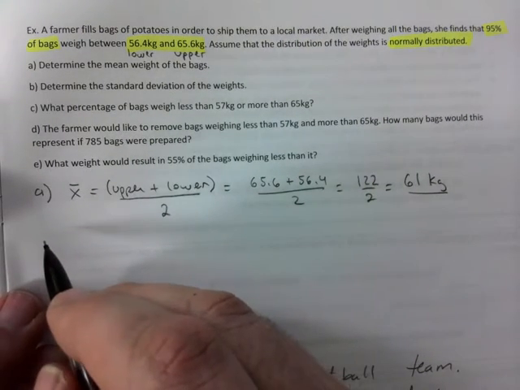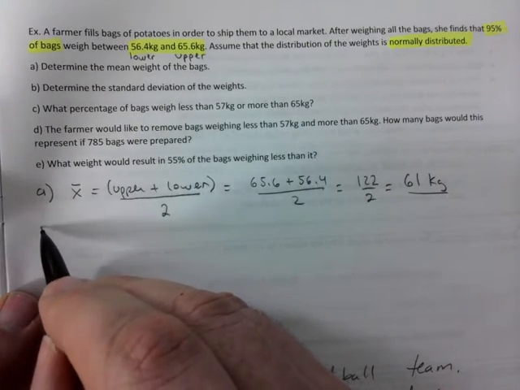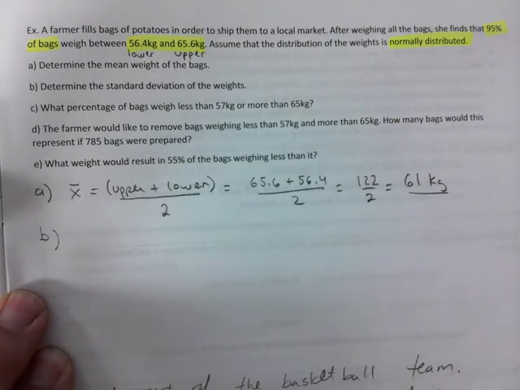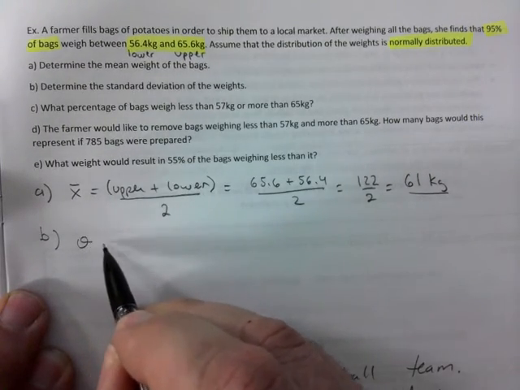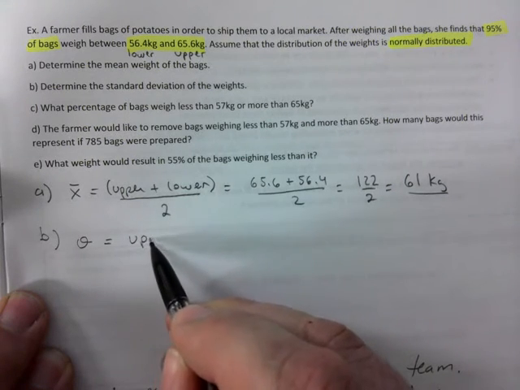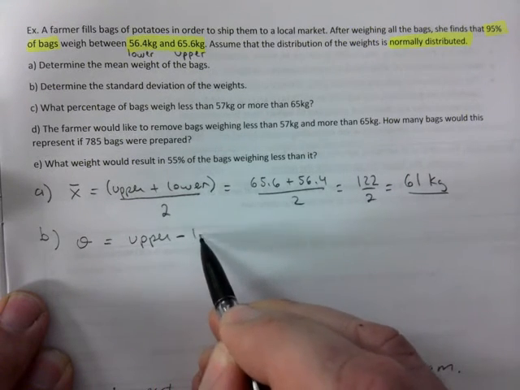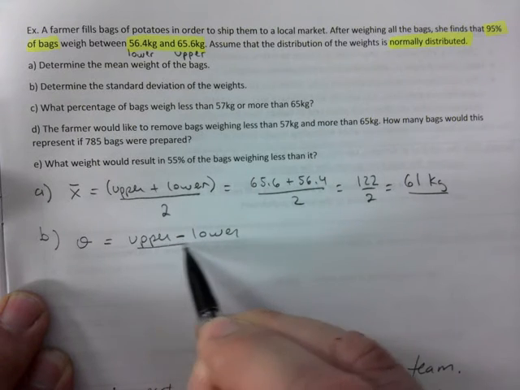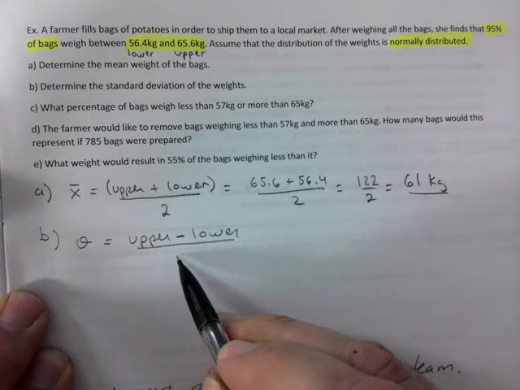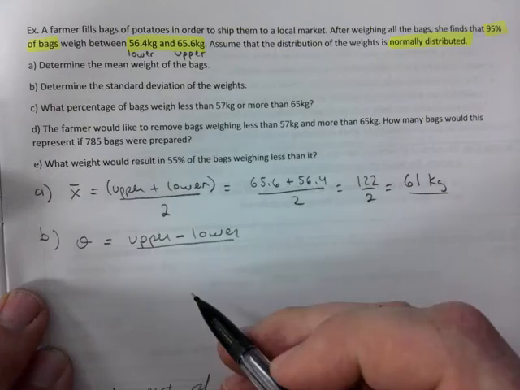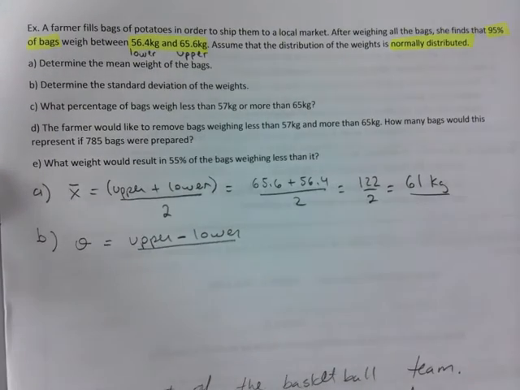And determine the standard deviation of the weights. To find a standard deviation, we take upper minus lower divided by number of gaps, not 2, all right? It's not divided by 2 when it's the standard deviation.